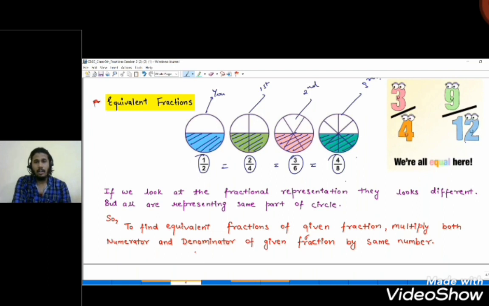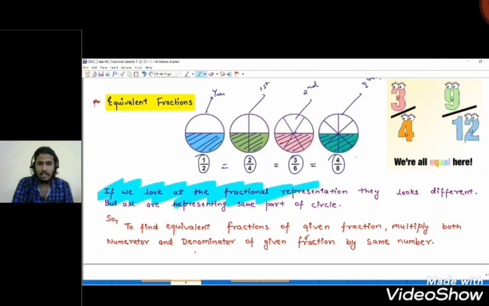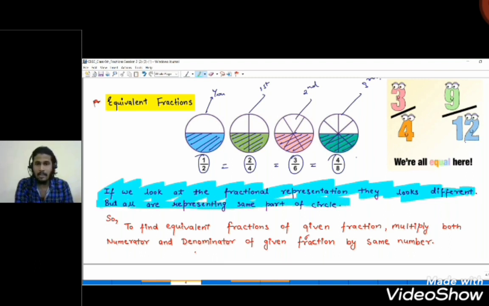So now it has been clearly written here that if we look at the fractional representation, they look different, but all are representing the same part of the circle.